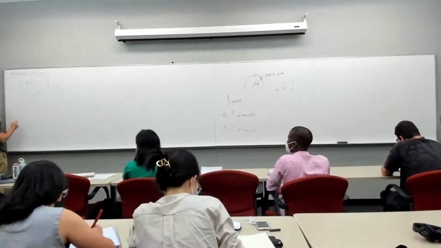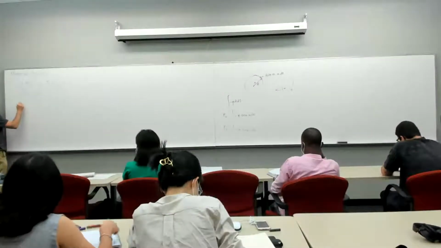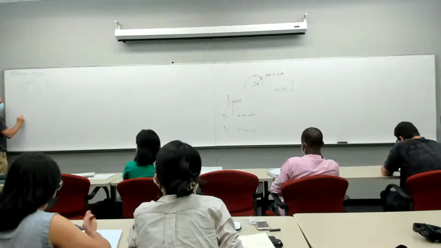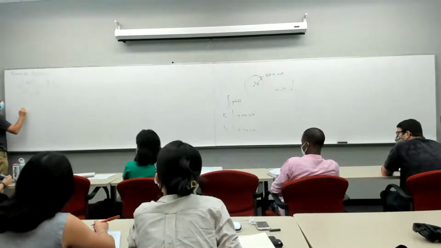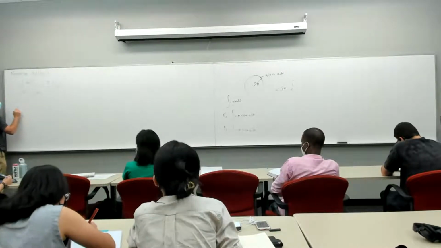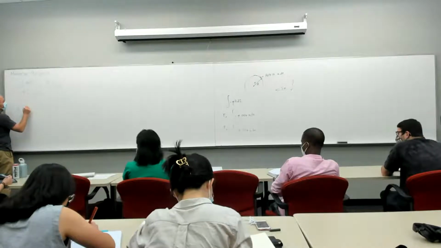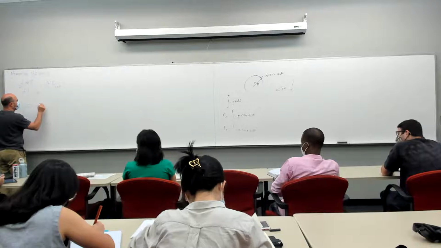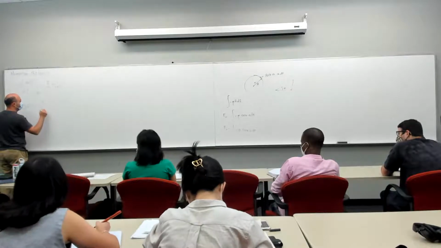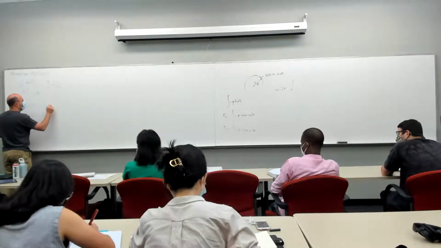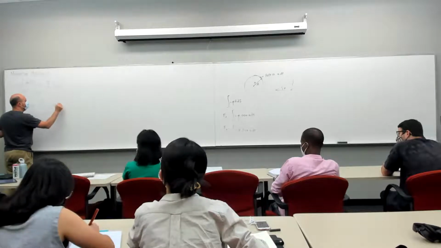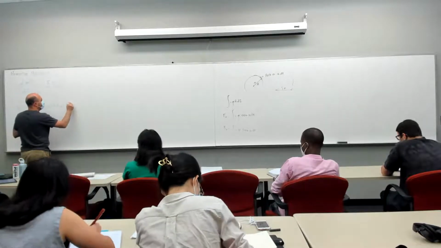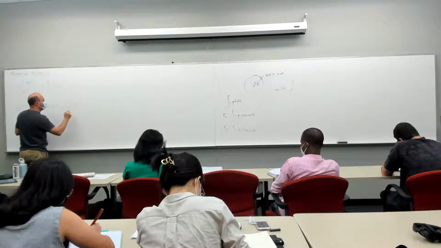And we translated that using the Reynolds transport theorem. That gave us the integral over the control volume, d partial by partial t, rho u dV, plus integral over the control surface of rho u dot n dS, was equal to the summation of forces.